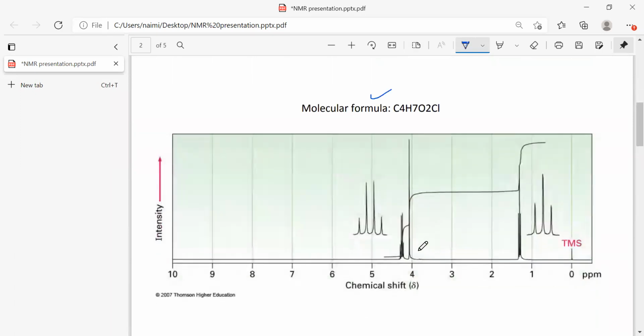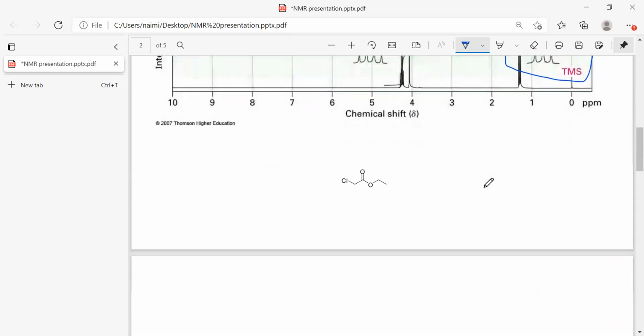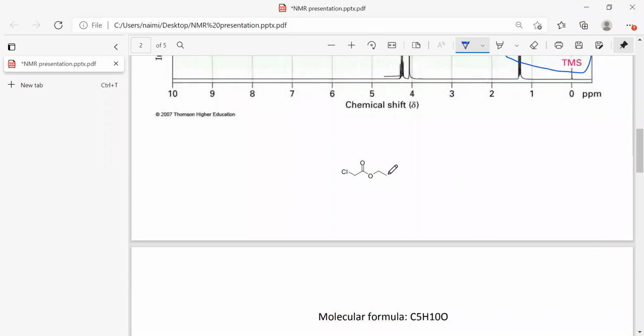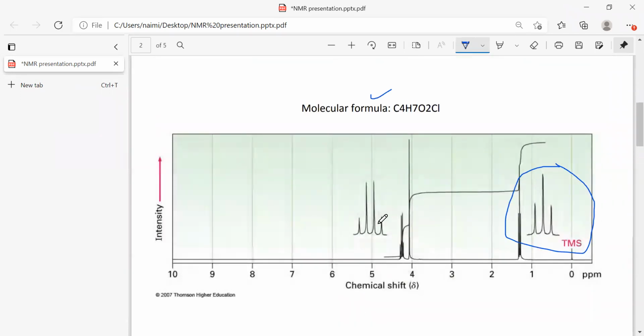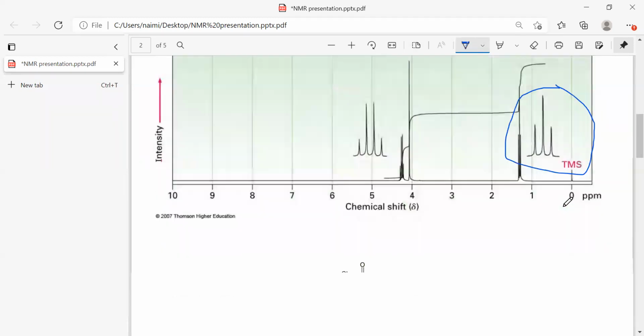In this spectrum, you can see the triplet. A triplet appears when a CH3 is present, so I have also mentioned one CH3 here. After that, one quartet is present, which means near the CH3, a CH2 will also be present.